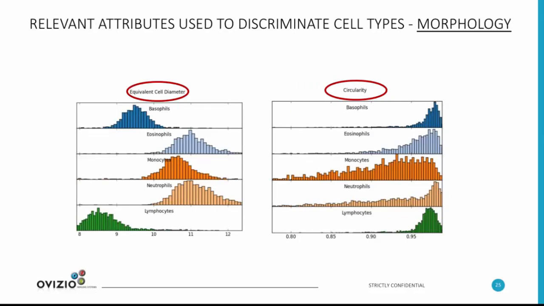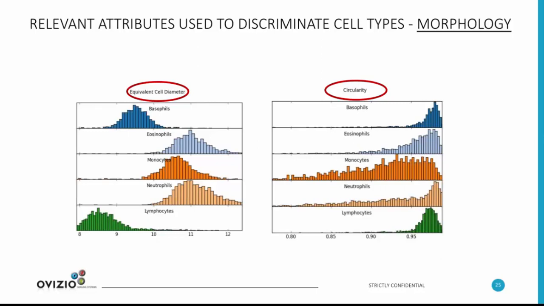Some of the relevant attributes that were used to discriminate cell types, I can show in this case 2 for morphology and 2 for the phase, because it's a little bit confidential. If you ask, we can explain or go into a little bit more detail on what other parameters are being used to discriminate the cell types. But if you see, for example, for the equivalent cell diameter, there is already a clear distinction between the lymphocytes, basophils, and the 3 other cell types.